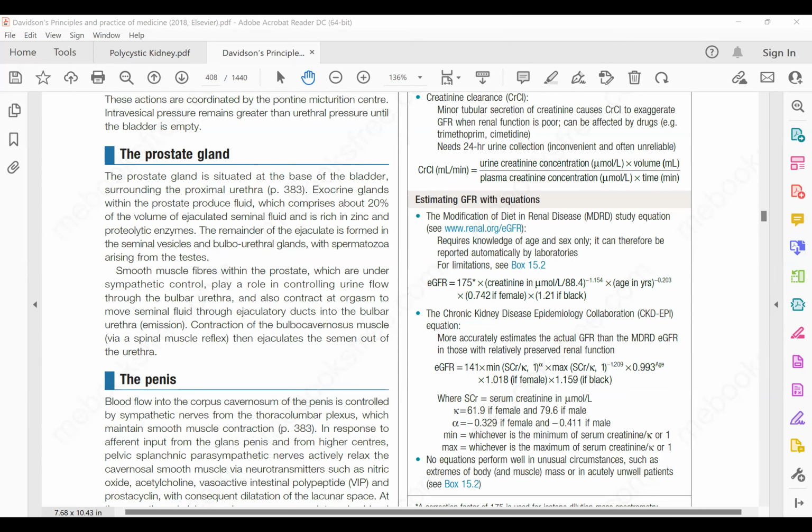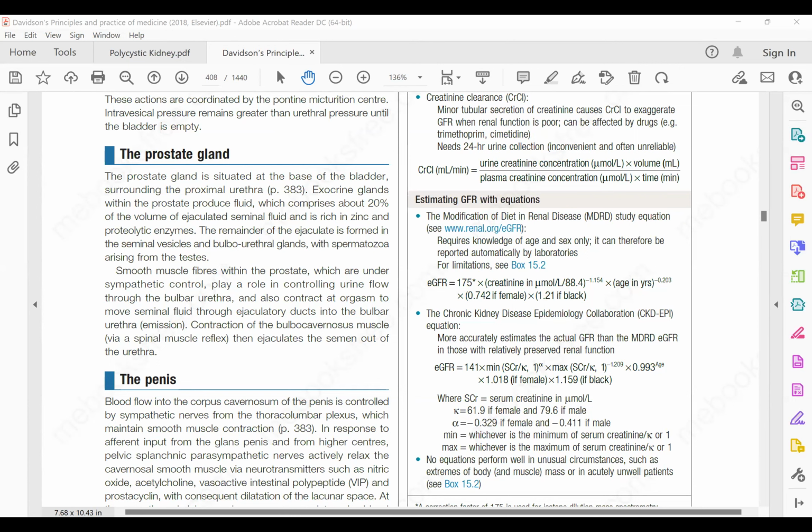Supposing I just say 1.6, which many of you clinicians, PGs and doctors may say is normal. You see, it is already stage 3 disease, nearing stage 4 disease. Less than 30 is stage 4. The moment I make it black, it is even better. Blacks are better off. Suppose we are worse off.